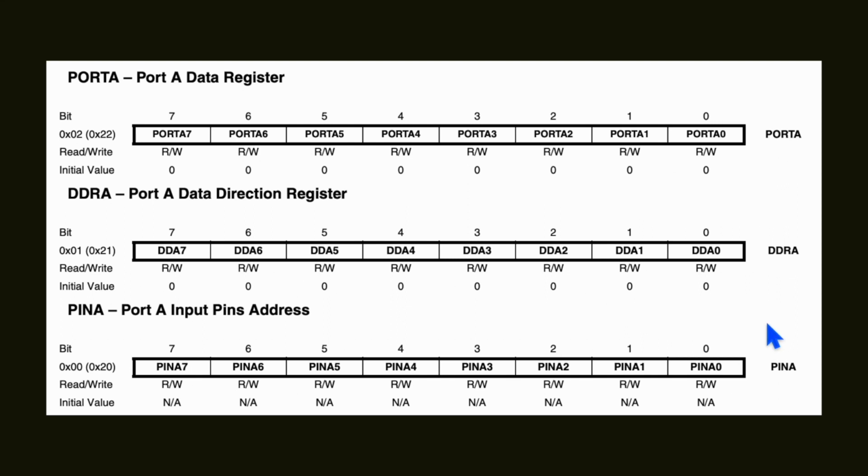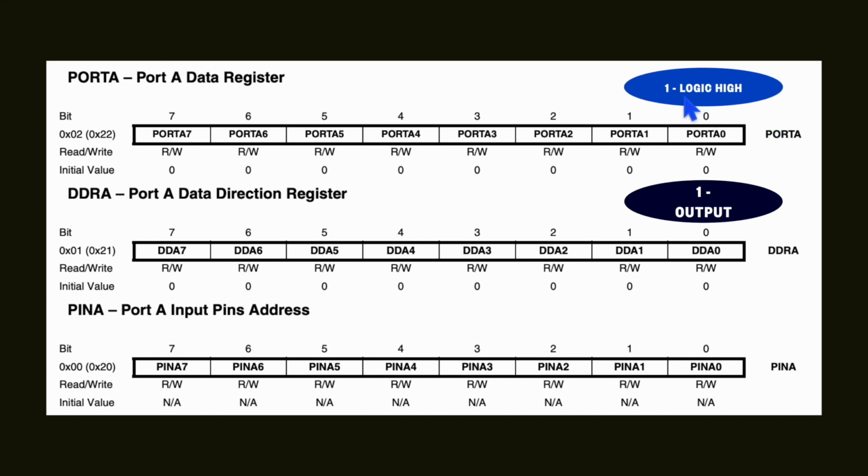And for output, you have to make the bit 1. If you configure this bit as 1, that means you want to use this PORTA0 pin as output. Then, based on whatever you are writing here, if you write 1, you are making that pin logic high, and if you write 0, you are making that pin logic low.